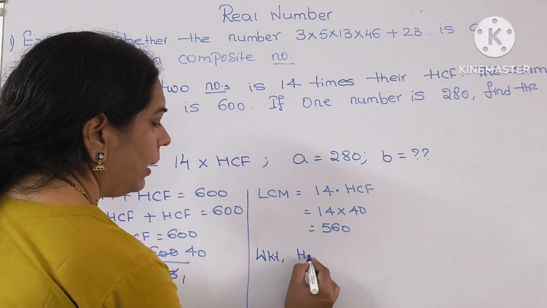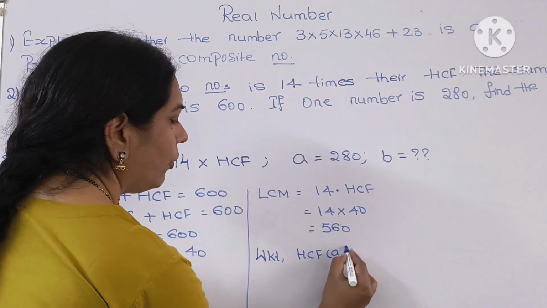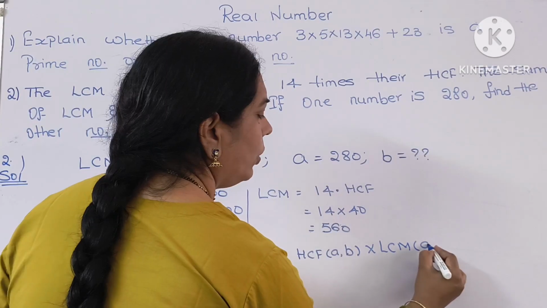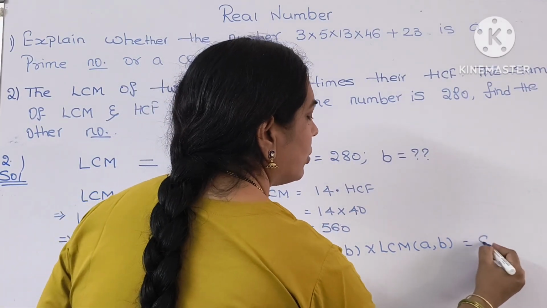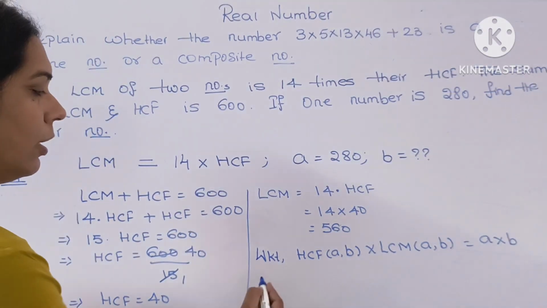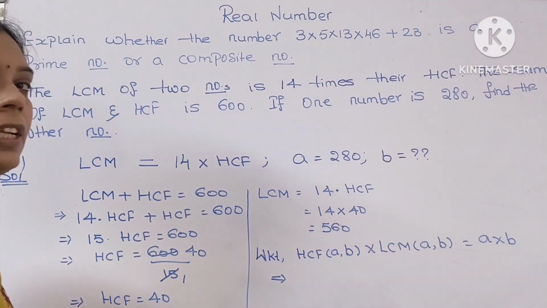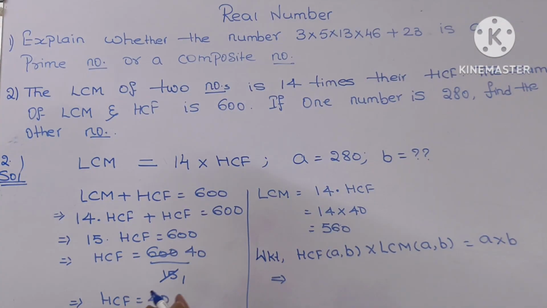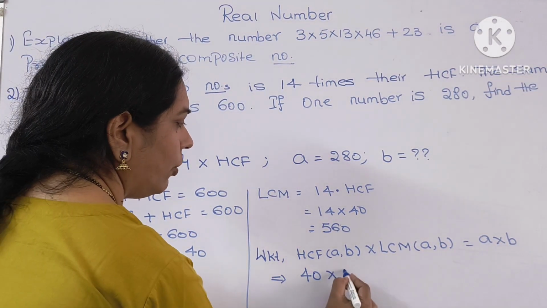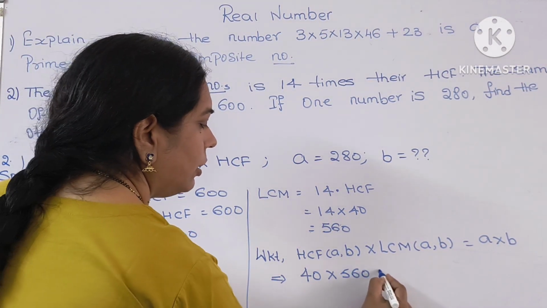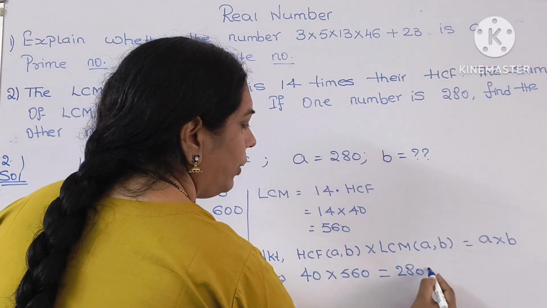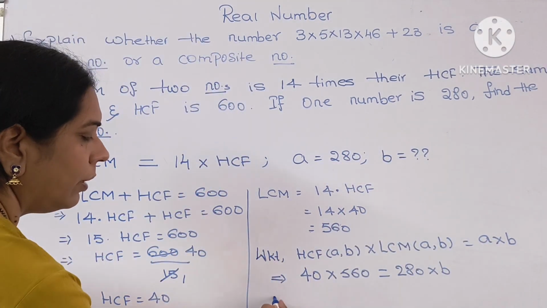We know that the product of HCF and LCM of two numbers is equal to the product of the numbers themselves. If you write this, you will get 1 mark. So always write the formula and relations, whatever it is. HCF is 40, multiplied by 560, equals A, which is 280, into B, the other number we are finding.